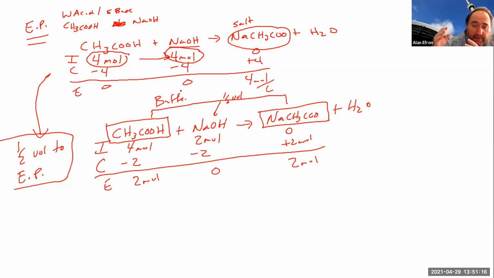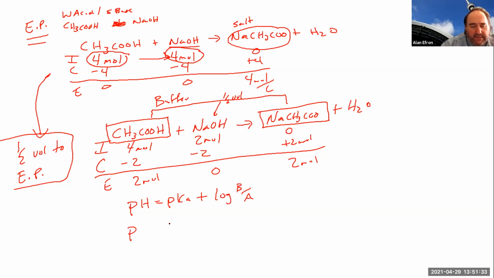And we're in that buffer region that we talked about in this type of titration curve, which means if I wanted to calculate my pH, the pH would equal pKa plus the log of the base over the acid.